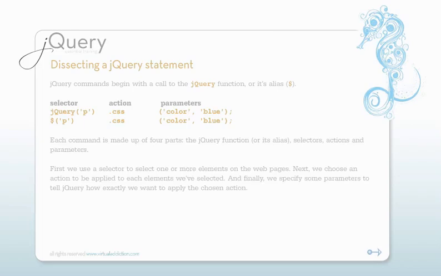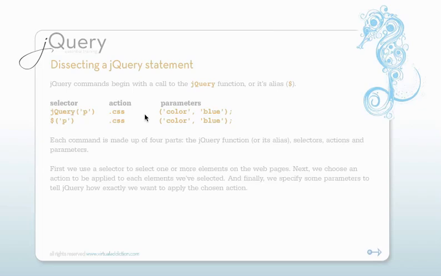I just want to dissect a jQuery statement here so you can begin to get familiar with how jQuery looks. A jQuery command begins with a call to the jQuery function or to its alias, which is the $, of course. In this particular jQuery statement, and I actually have two here, they're going to basically show the variants of the same jQuery statement.